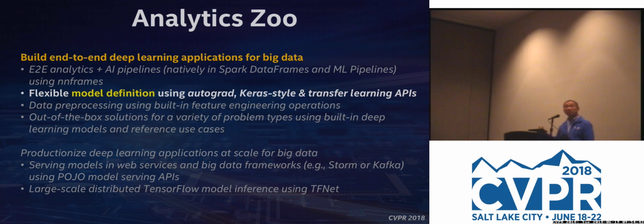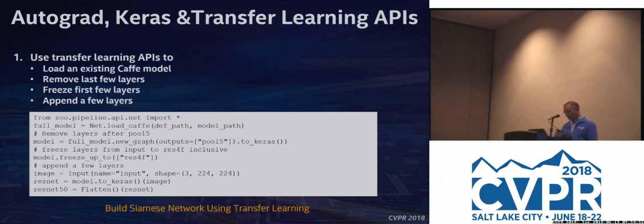So you have the construct to build out the pipeline, but you need to have a model to define for the pipeline. So it provides AutoGrad, Keras, and TensorFlow APIs for you to do that. This shows an example of how you can build a network using transfer learning, using those APIs. First of all, you can use the API to load the existing model.